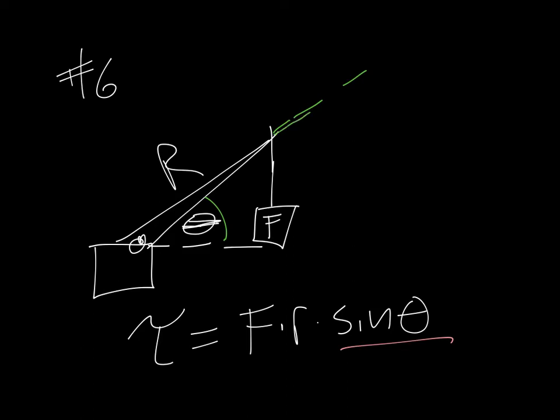So if I extend the radial arm out like this, this is the angle I need. If I do some geometry and draw a line that is parallel to this line down here, then this angle and this angle are the same.